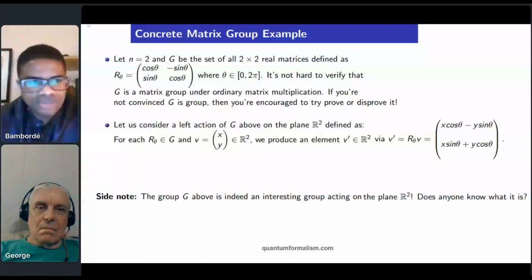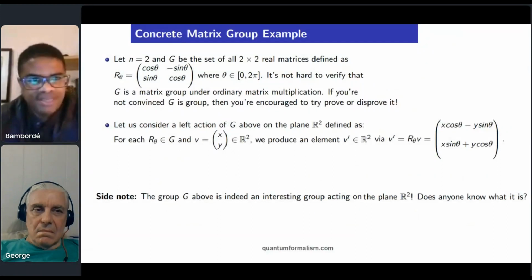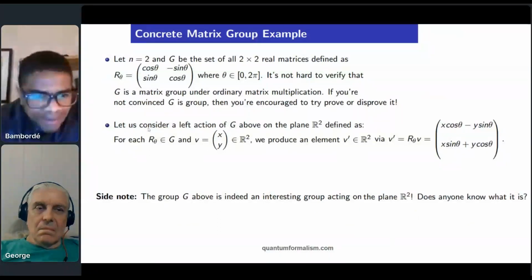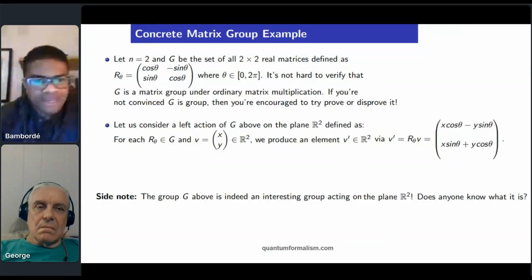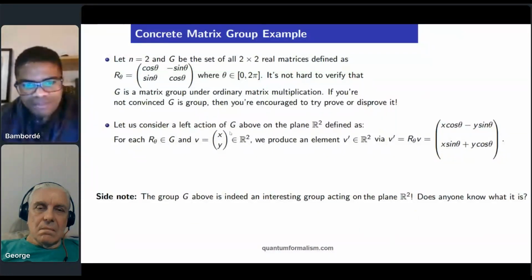The claim is that this is indeed a matrix group, which means it's a group under matrix multiplication. And as such, we can bring any other notions we've been talking about, like actions, for example. I claim that we can build an action of this group, made of these matrices, and this is a group action.